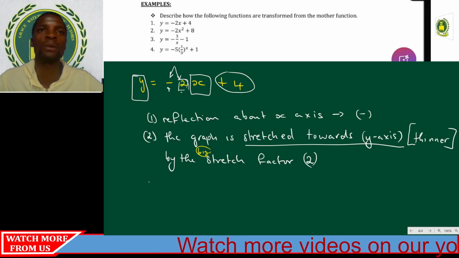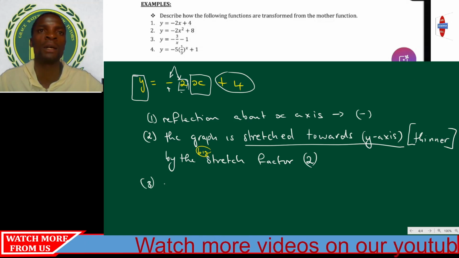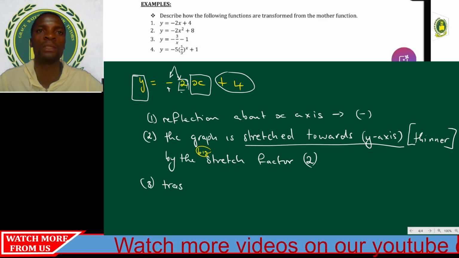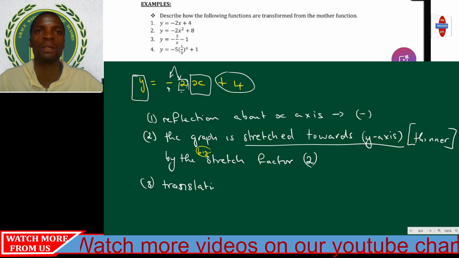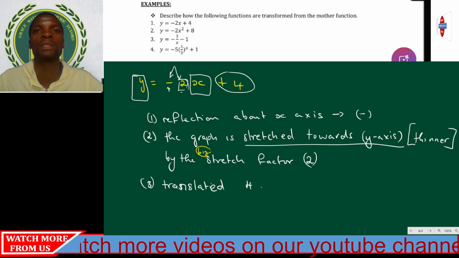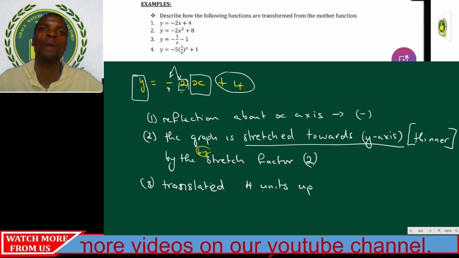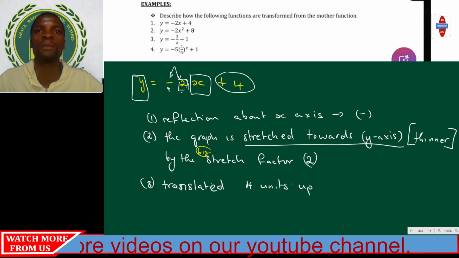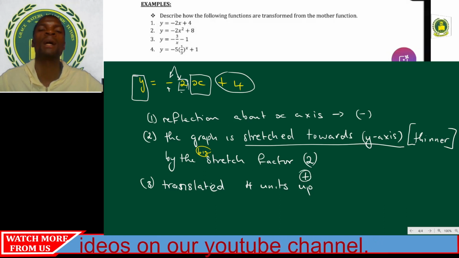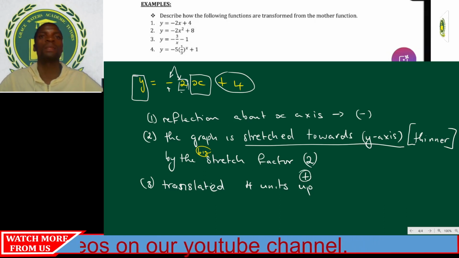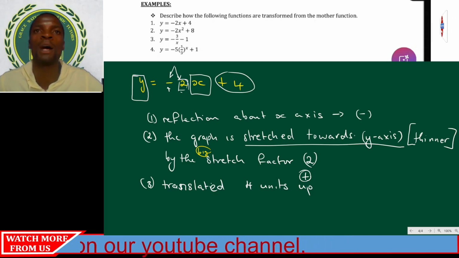There is also a shift of 4, which is the graph was translated 4 units up. Why 4 units up? The 4 is given, but up is indicated by the positive sign. So these are the descriptions that you need when they say describe the transformation.